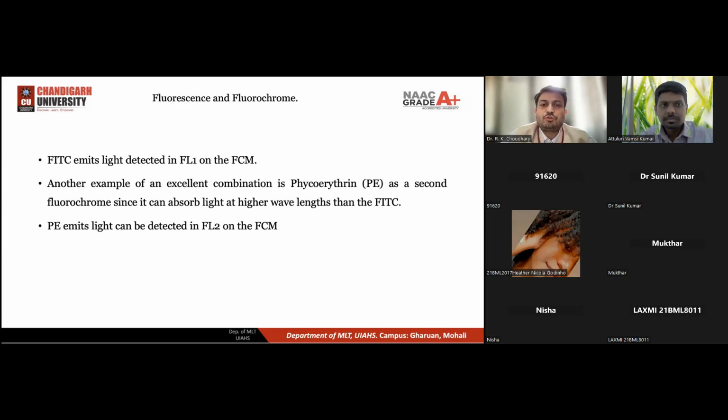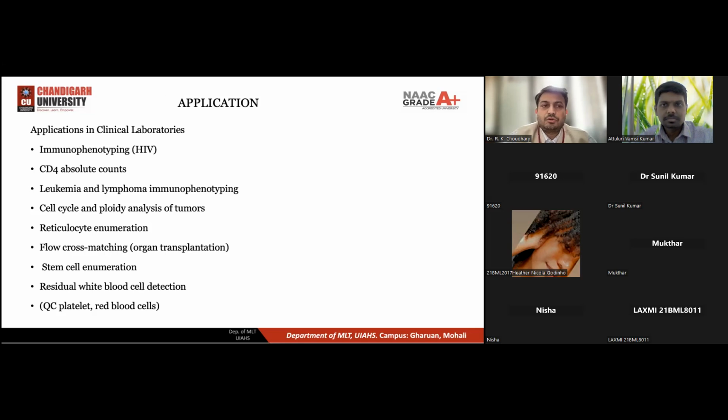But if you want to go for internal things, then you can go for PE or phycoerythrin. Phycoerythrin emitted light can be detected in FL2 on the flow cytometer. So we have not only one but more than 4 or 5 channels we are using. The detailed procedure we will discuss.